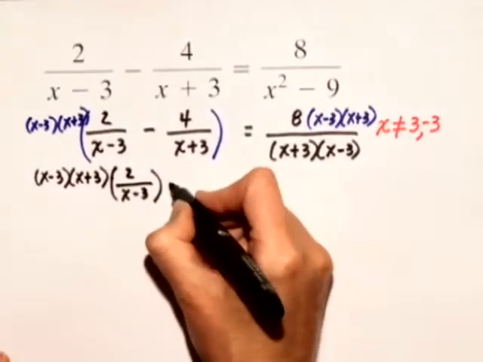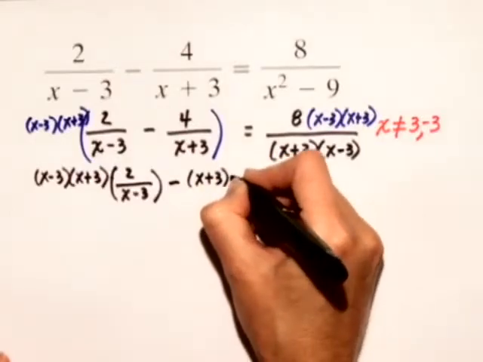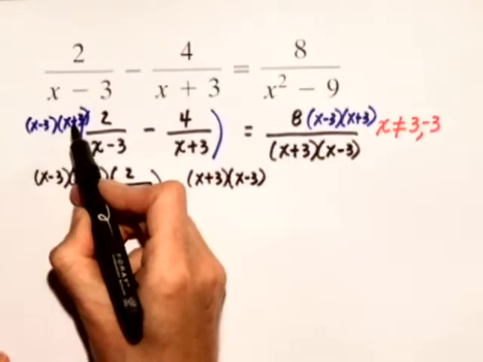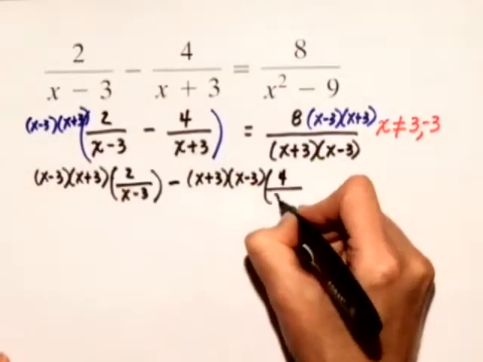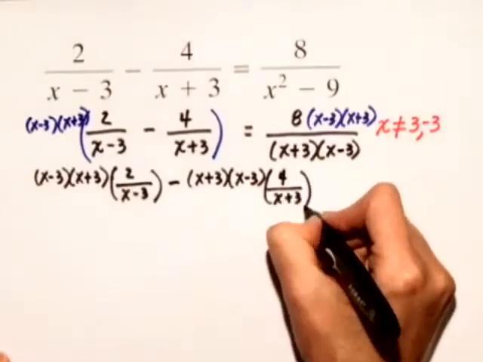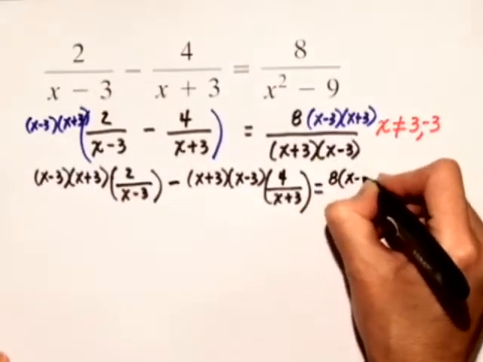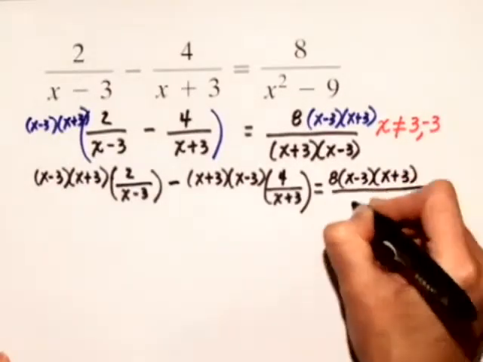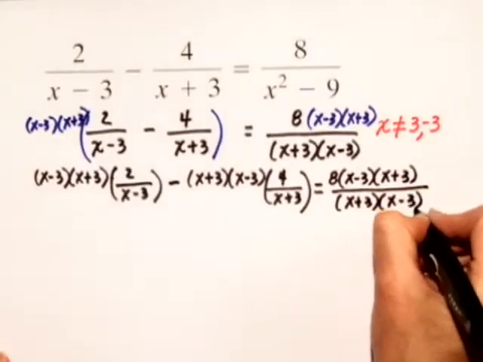When we distribute that through, we have minus x plus 3 times x minus 3. I actually reversed the order right here, but it makes no difference. Times 4 over x plus 3 equals, on the right-hand side, 8 times the quantity x minus 3 times x plus 3 over x plus 3 times x minus 3.